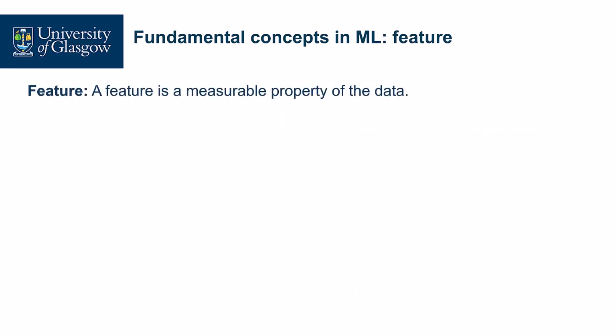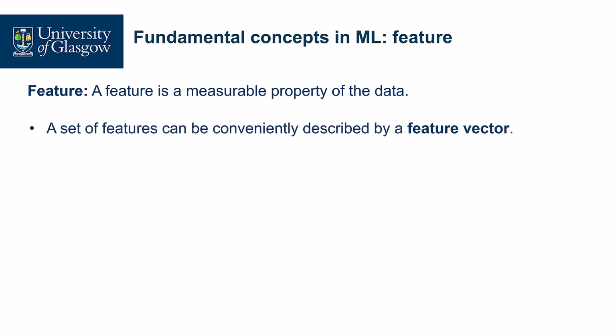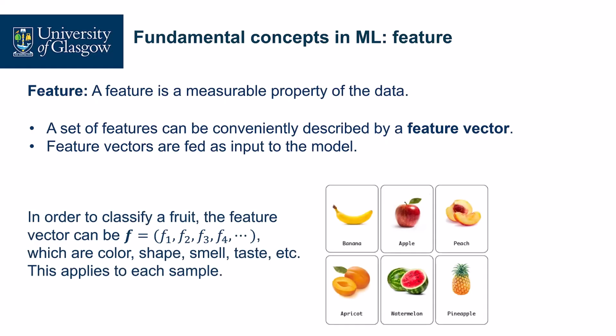For each sample of the data, another concept is a feature. A feature is a measurable property of the data. A set of features, more than one, we often call a feature vector. The feature vectors are indeed the input to the machine learning model to train it, right? Let's again see the fruit example. For this fruit, we may say the features of each element are from F1 to F4.